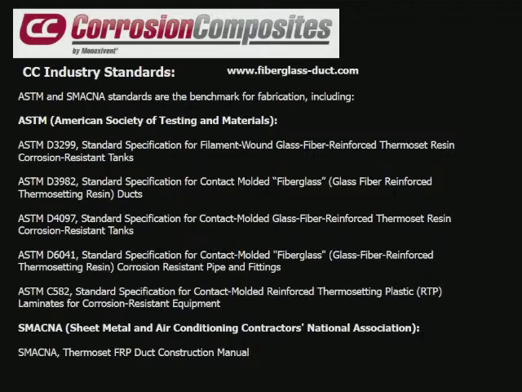That is the practice for how to build duct systems, dimension-wise and whatever. The tank, there's two tank standards. The top one, 3299 for filament wound tanks and 4097 for hand laid up tanks. So we're very much governed by these standards. And of course the SMACNA standard for fiberglass ductwork is another critical standard.